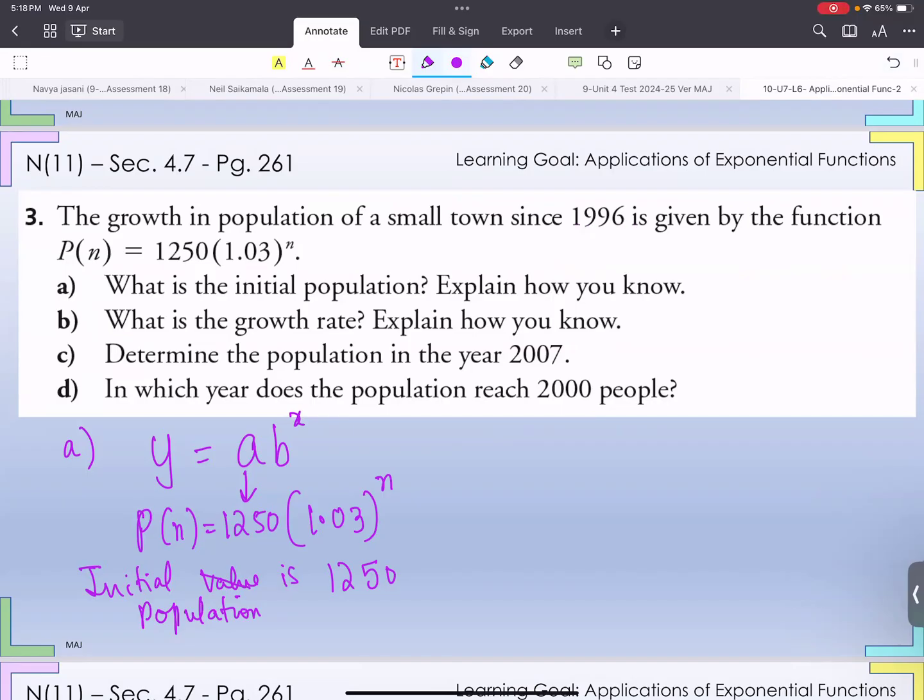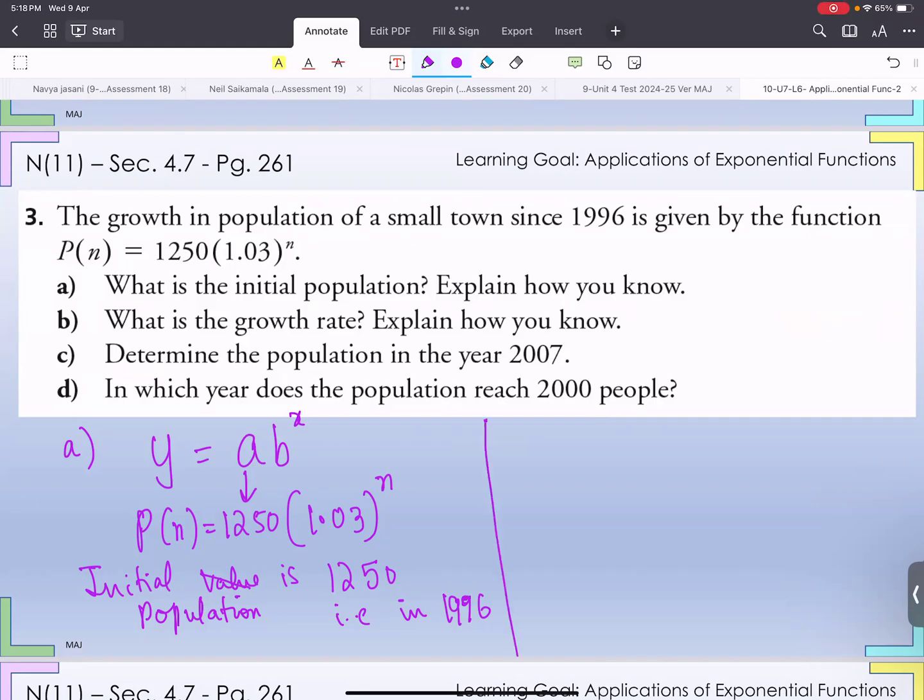The initial population is 1250. That is in 1996. That's a very small town, right? That's probably the number of people living in an apartment building in Hong Kong. Right. So 1,250 is the population in the year 1996, okay.